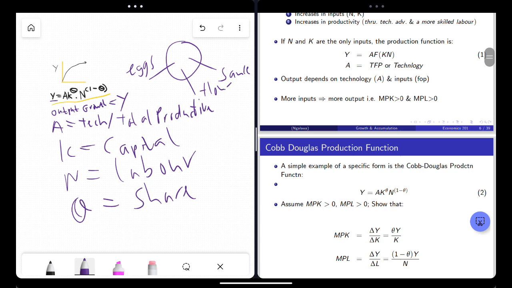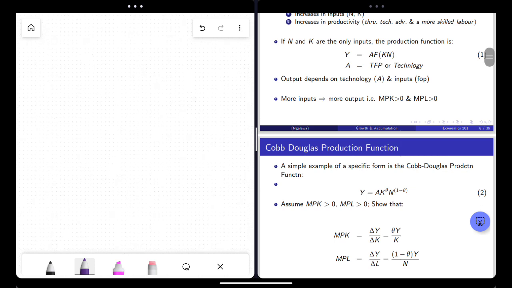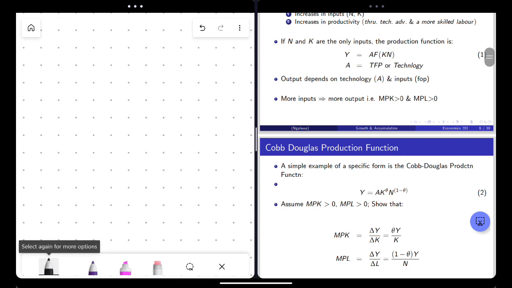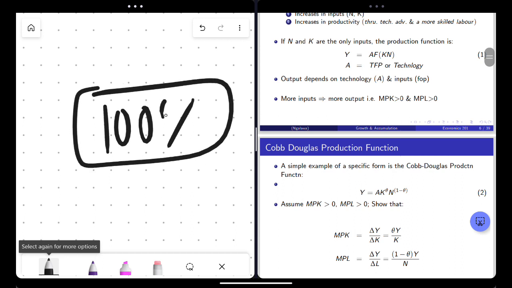Now, what does share mean? Share basically means, for example, K to the theta: whatever the share of K is, that means K is contributing that much to Y, output growth. I want you to think about this proportionally. Very easy example: you got an assessment, and the assessment is 100% of your completion. Completing an entire group assessment is 100%. You got Tom over here who did 20%.